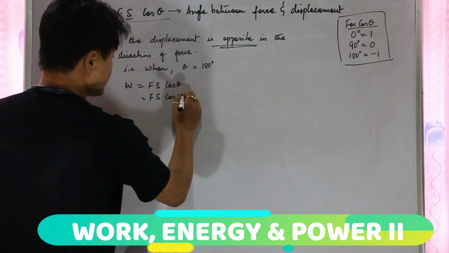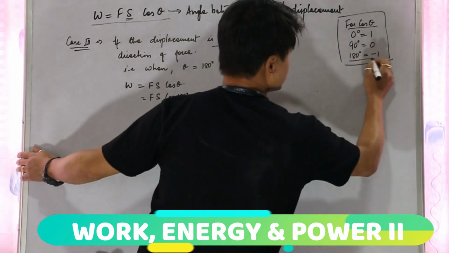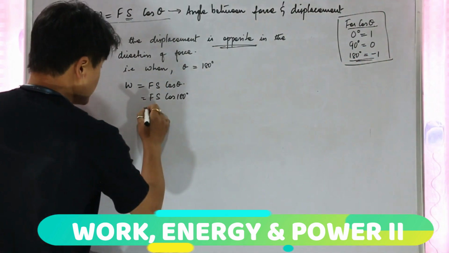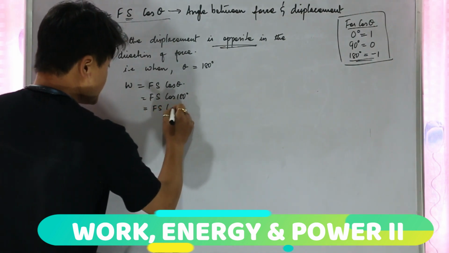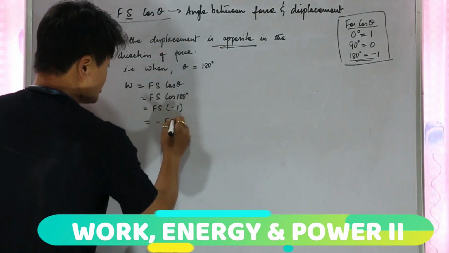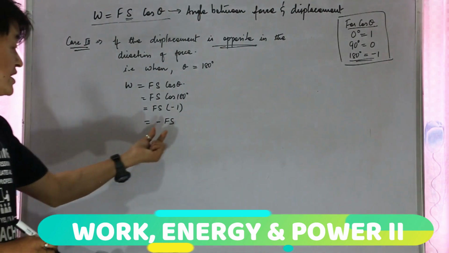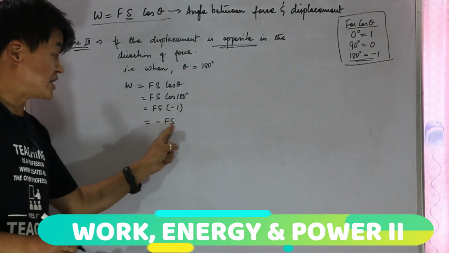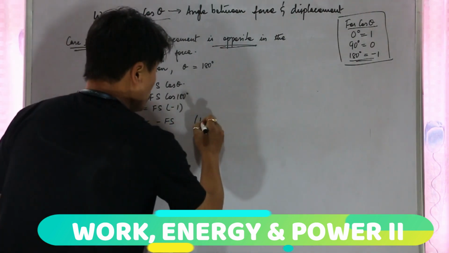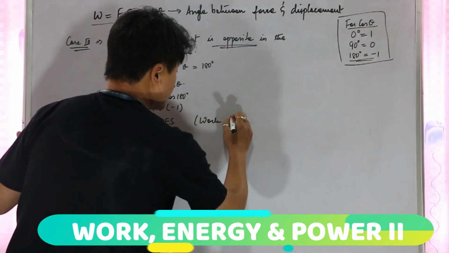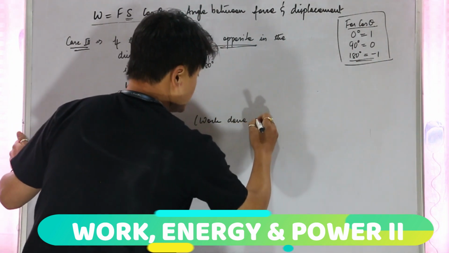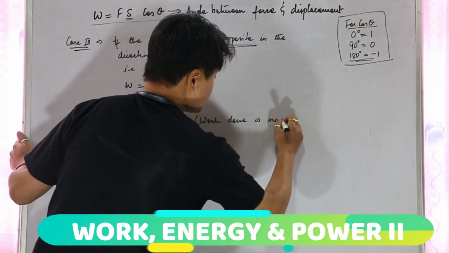Cos 180 degrees is minus 1. So work equals force times displacement times minus 1, which is minus force times displacement, regardless of the values of force and displacement. Here the work done is negative.